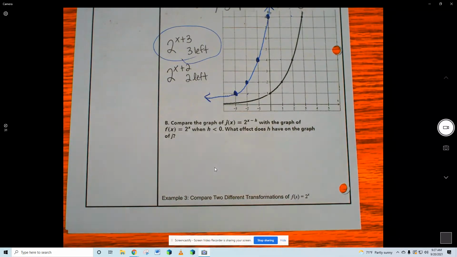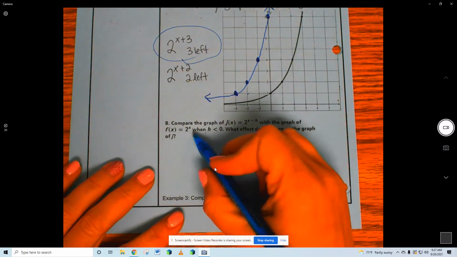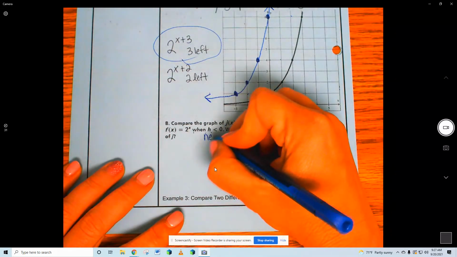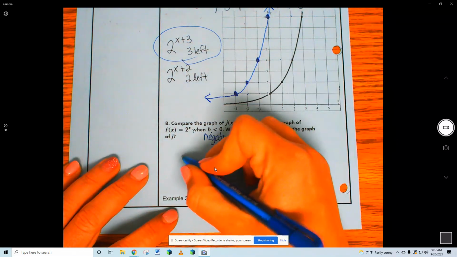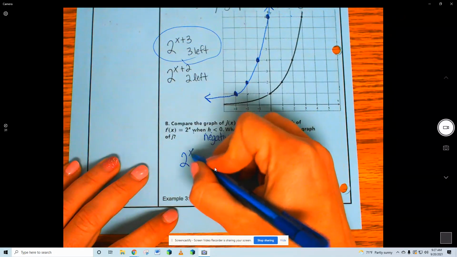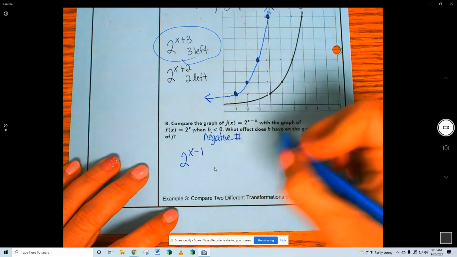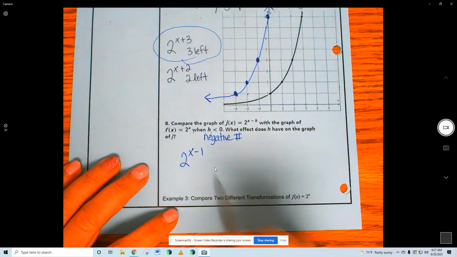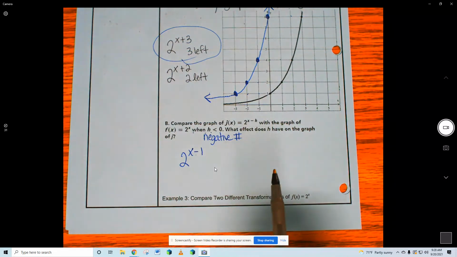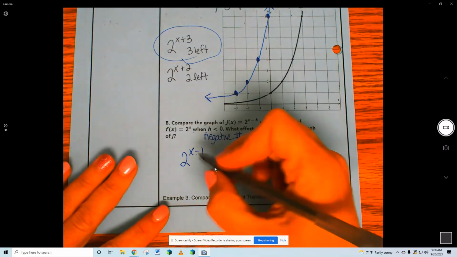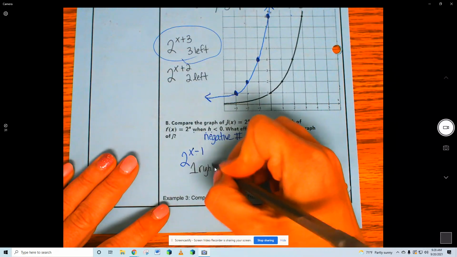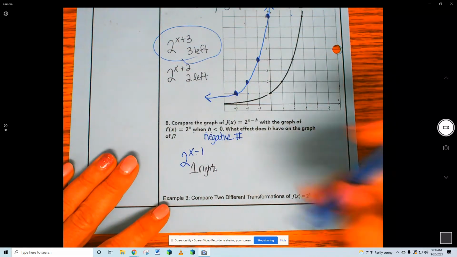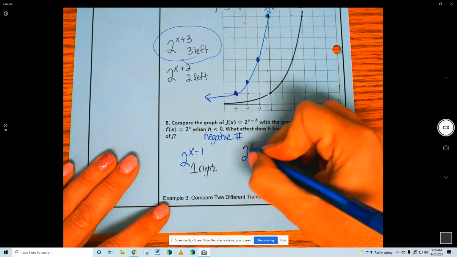Part B. Compare the graph of 2 to the x minus h when h is negative number. Here we go. 2 to the x minus 1. What does this minus 1 do to my graph? 1 right. 2 to the x minus 2.